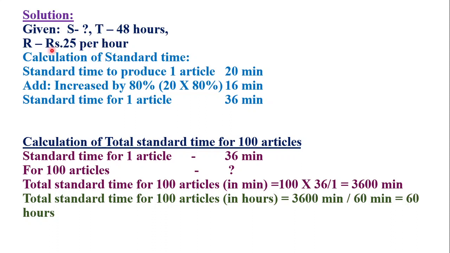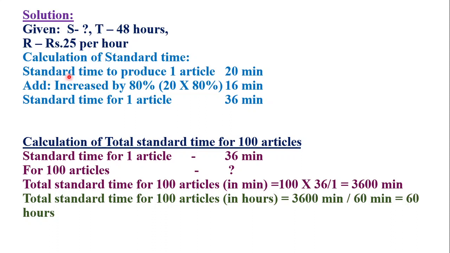Then rate per hour is given as rupees 25 per hour. So first we should calculate the standard time. The information given for calculating the standard time is that for producing one article they require 20 minutes.